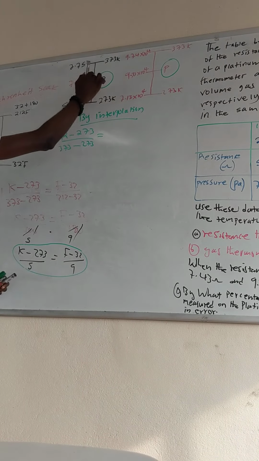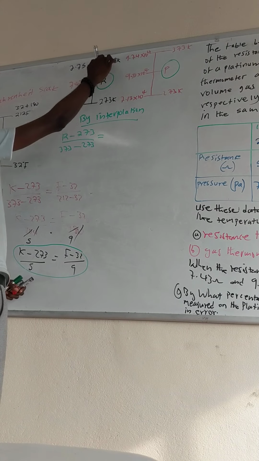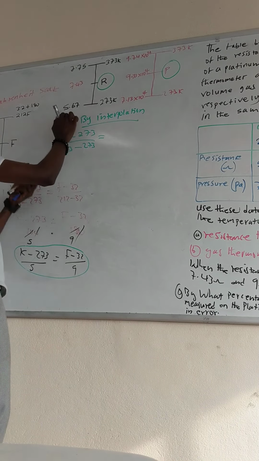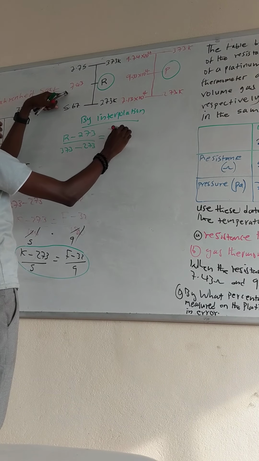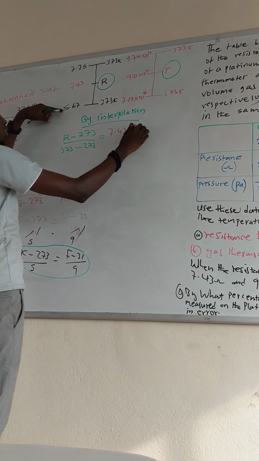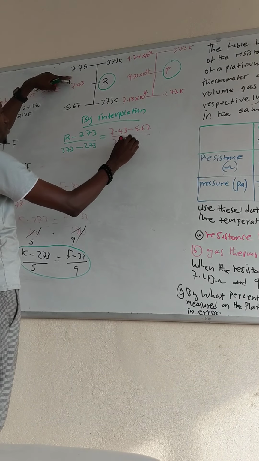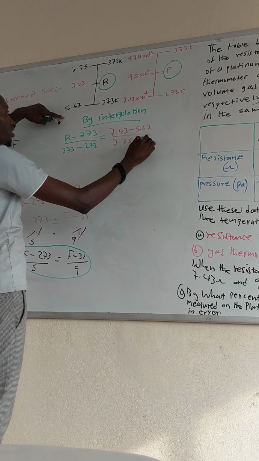Good. Now, since we say R minus this, divided by this minus this, the other side again is going to be this minus this, which is 7.43 minus 5.67, divided by 7.75 minus 5.67.